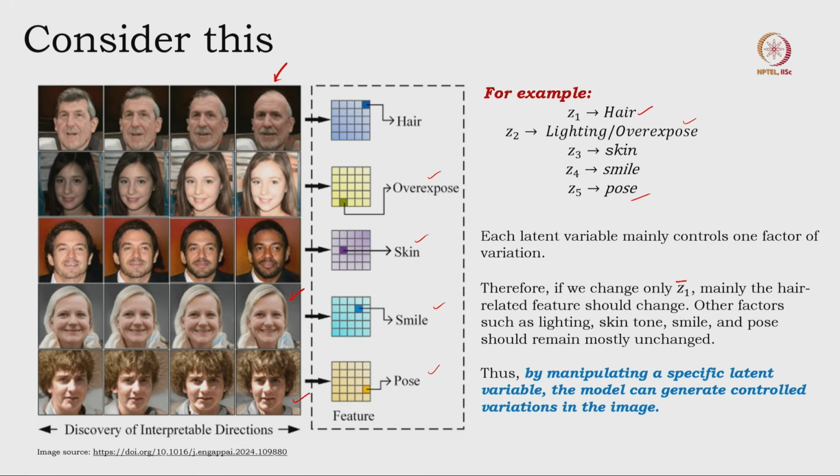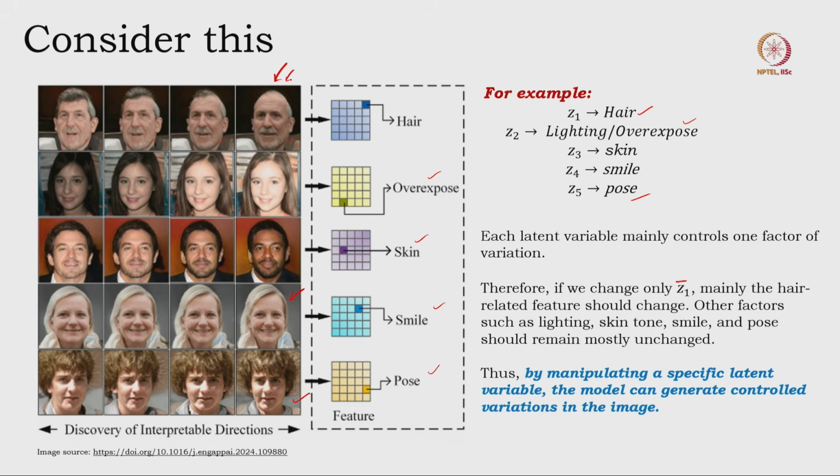Is it not we are manipulating a specific latent variable? By manipulating only a specific latent variable, the model can generate variations in the image. If I am changing only the hair, is it not I am able to generate different variations in the image, and is it not going in a much more controlled way?